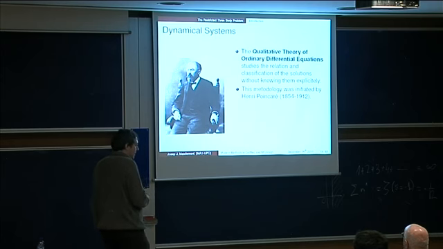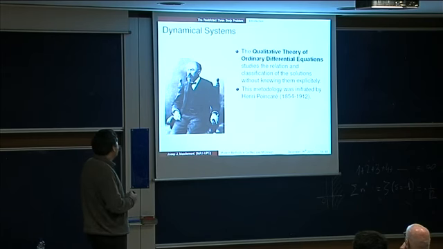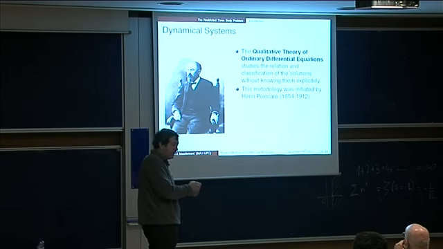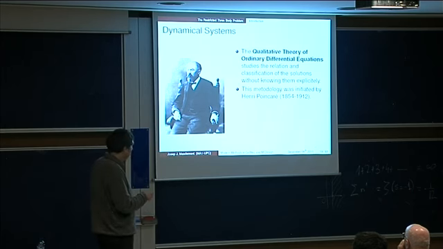Since this problem is not solvable by quadratures, Poincaré tried to explain how these solutions can behave in a qualitative way, without knowing explicitly the solutions, trying to say things about the properties of these solutions.